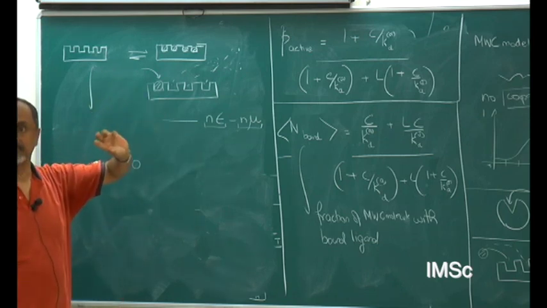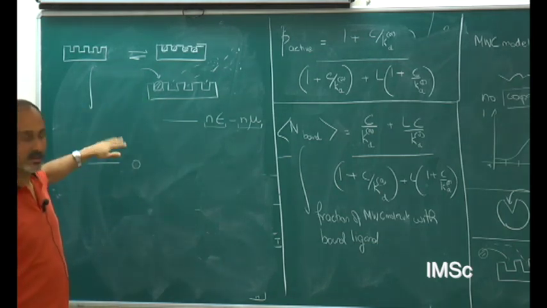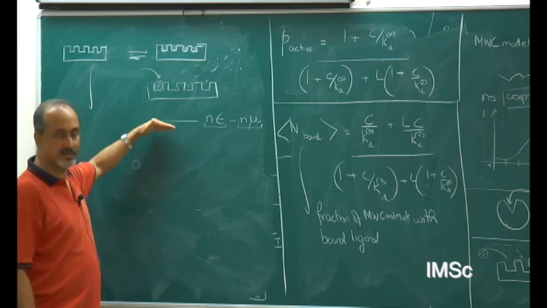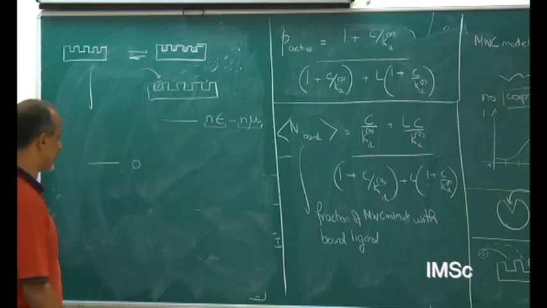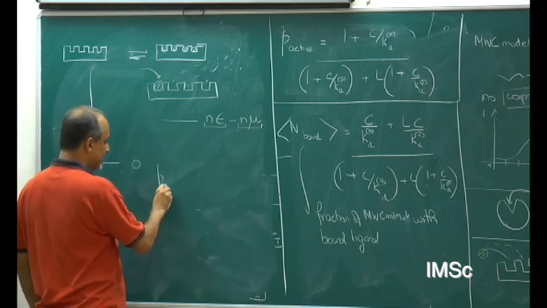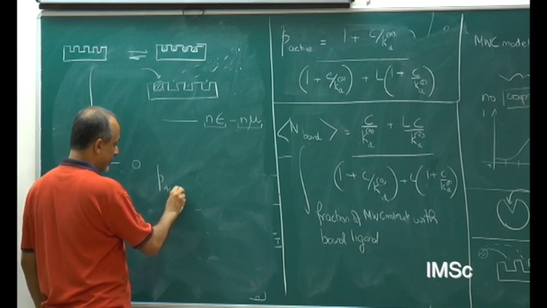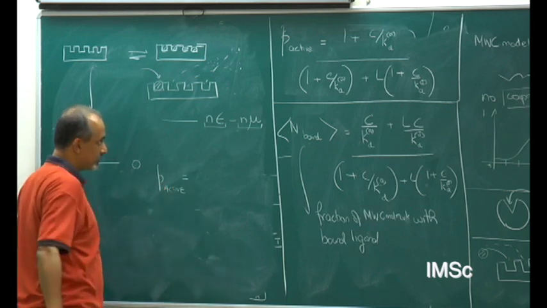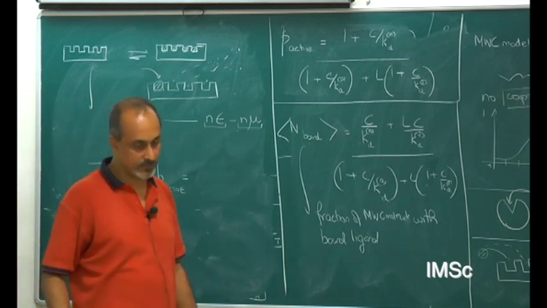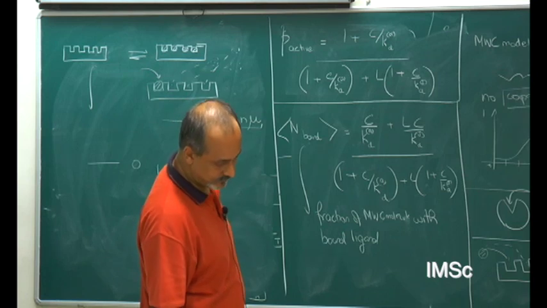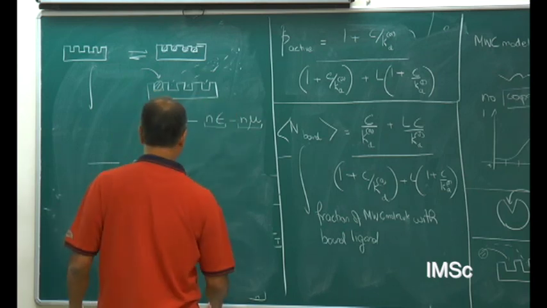Earlier I made a distinction between active and inactive, but let's just say one object can either be in this state or in this state. Let's for simplicity call it active. So P active is this state.